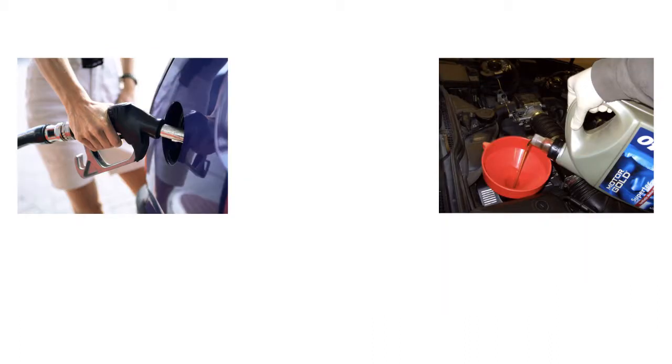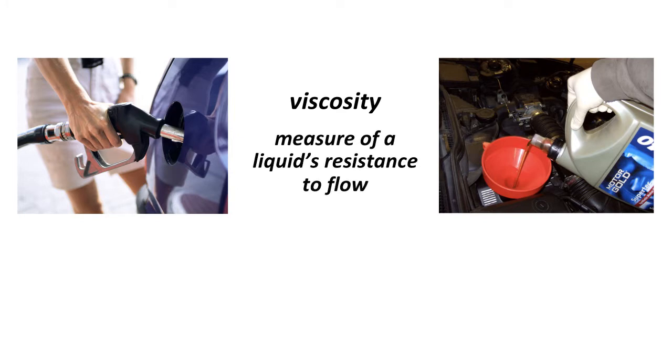Now, let's look at some properties of liquids in terms of these kinds of forces. One property of a liquid is what's called its viscosity, which is a measure of the liquid's resistance to flow. Some substances, for example gasoline, flow relatively easily and have a low viscosity.